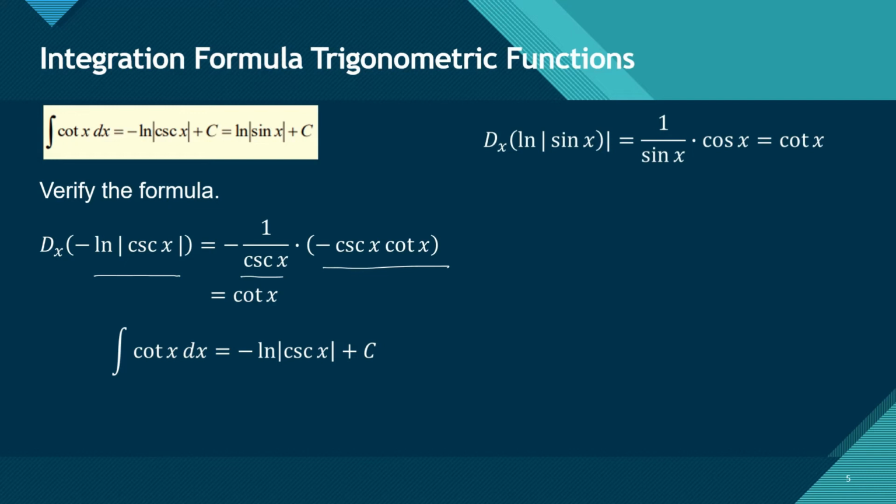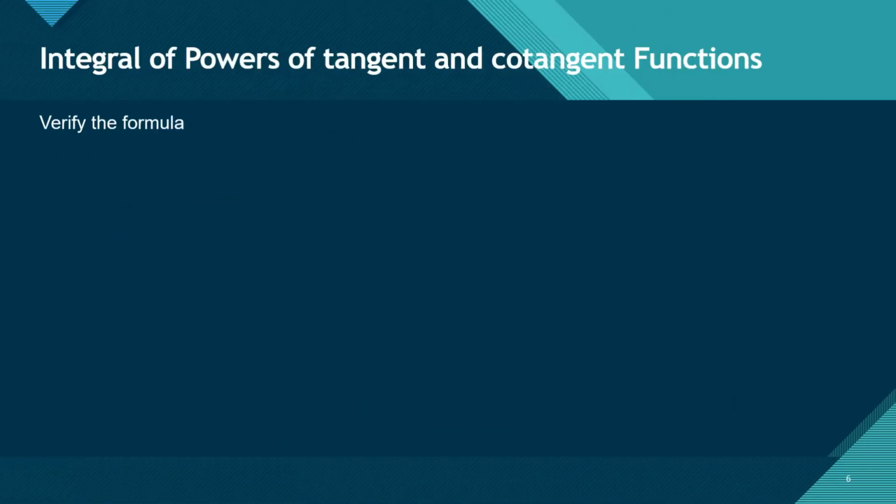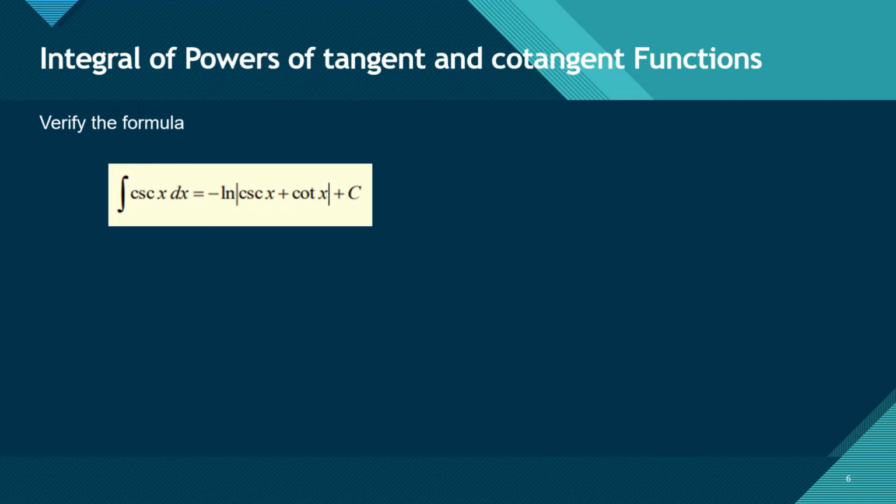Now it is also equal to ln of the absolute value of sine of x. So let us verify that. The derivative of this function is 1 over sine of x. And then the derivative of sine of x is this one. And so that is equal to cotangent of x. So I will leave it to you to verify this formula.